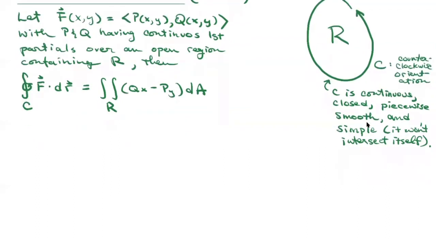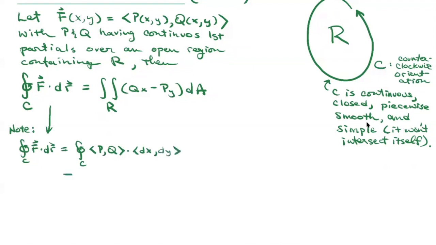Now, there's a couple of versions of f dot dr. This is just kind of a note here. So f dot dr you can write as a line integral of f, which is P, Q. And sometimes we think of dr as just having differentials dx and dy.